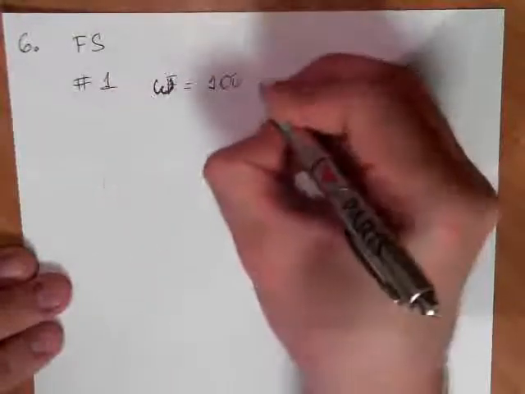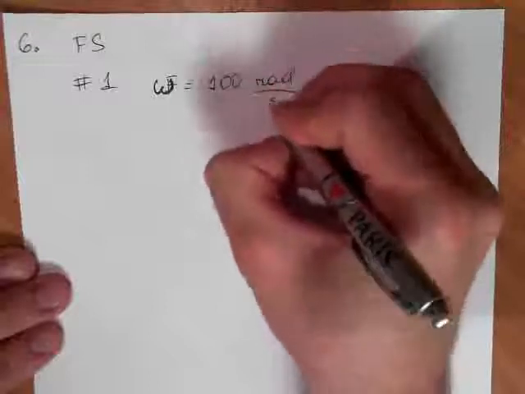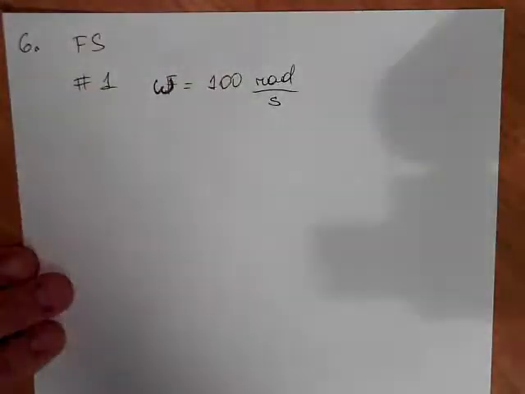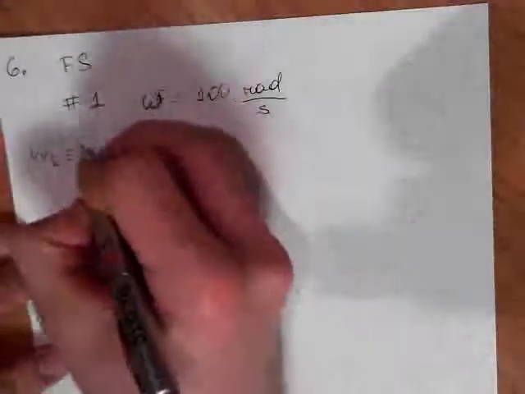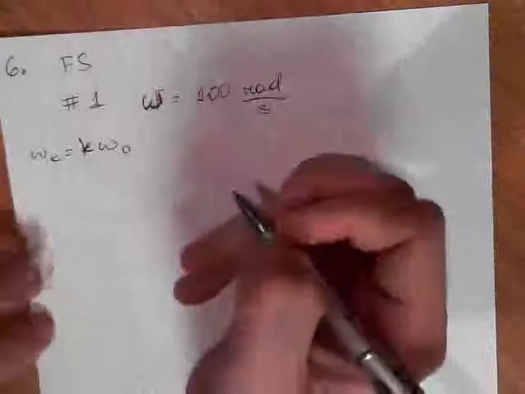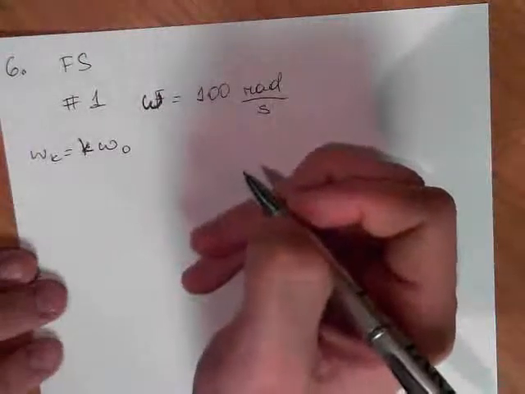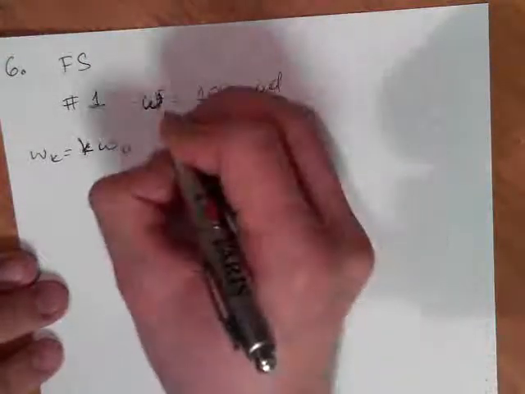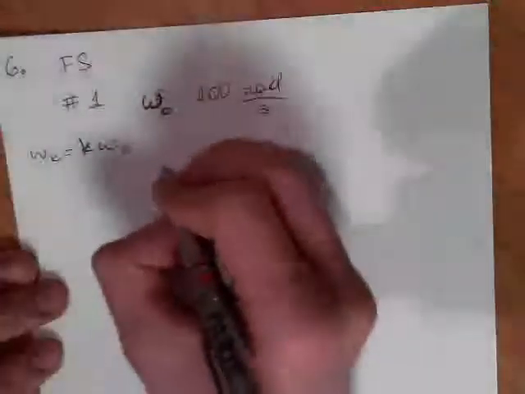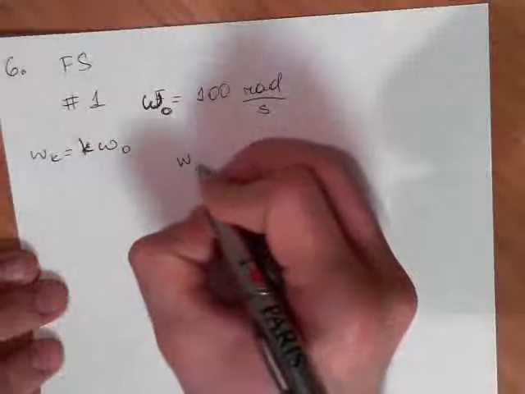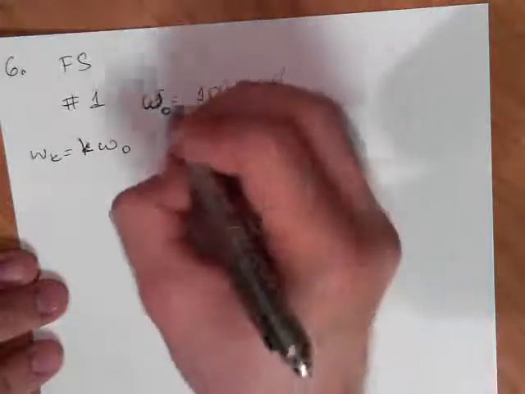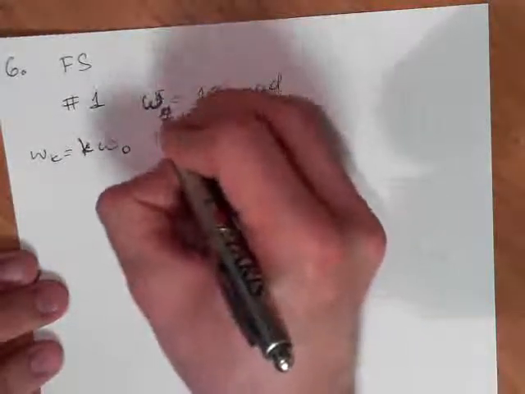Angular frequency 100 radians per second. So as you remember, omega k was k omega 0. K omega 0. So the first omega, this is omega 1.